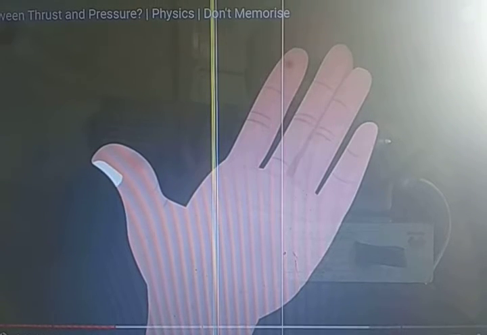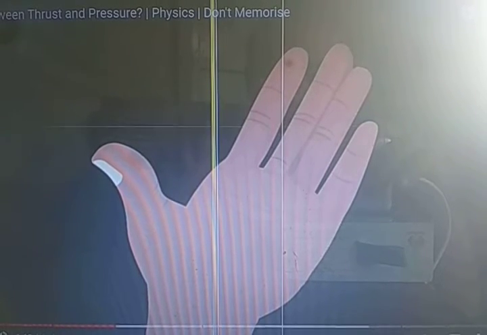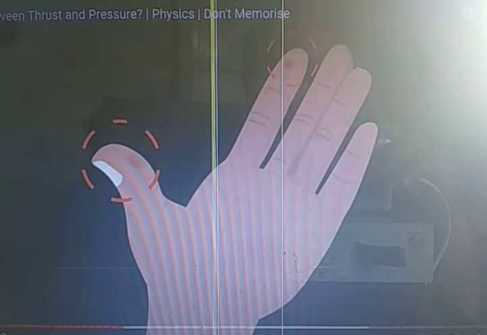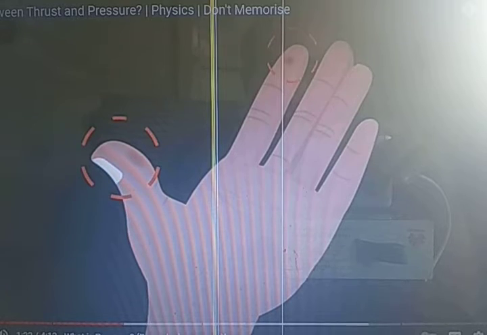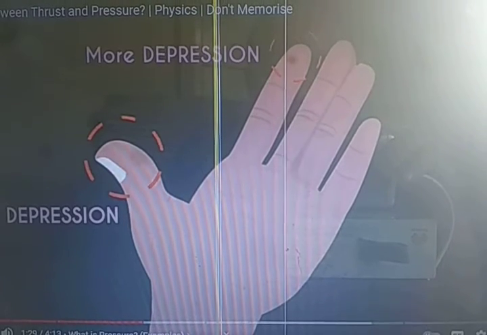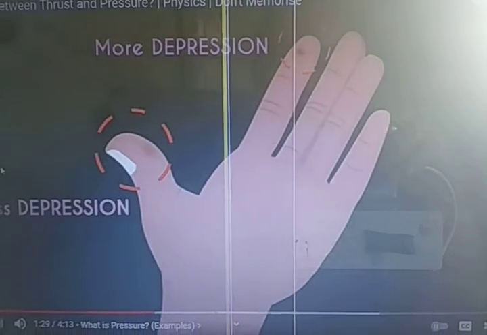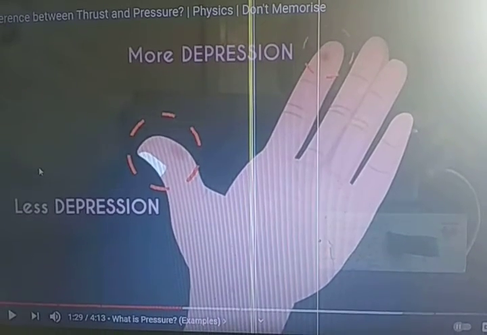After you release the pencil and observe your fingers, you will see a hole, a slight depression, on your forefinger. That means more depression on your forefinger and less depression on your thumb.